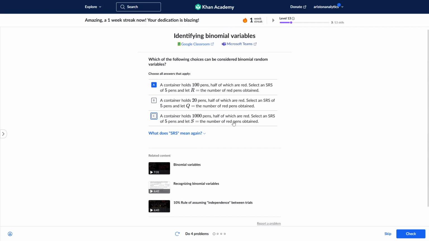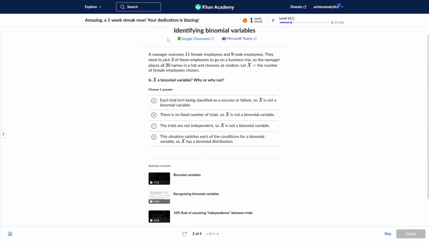Select an SRS. Is X a binomial variable, why or why not? I'll say no, because of the 10% condition, we can't assume independence.